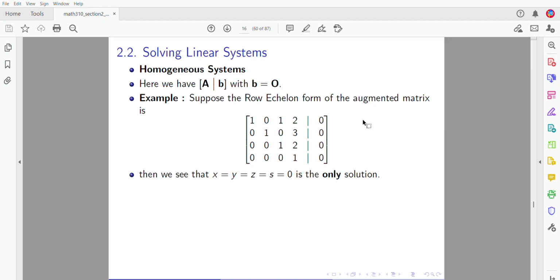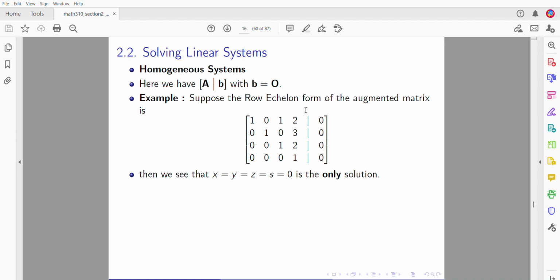You notice here right away s equals 0. If s is 0, can I find y? Sorry, this is z. z also has to be 0, y also has to be 0, x also has to be 0.